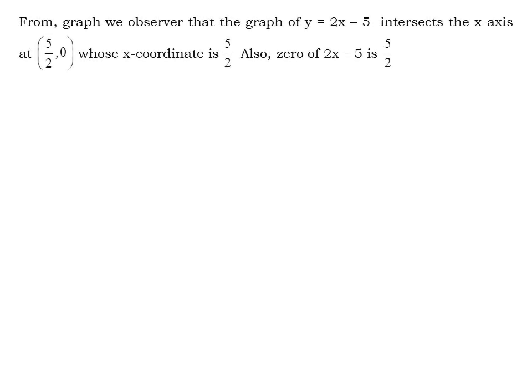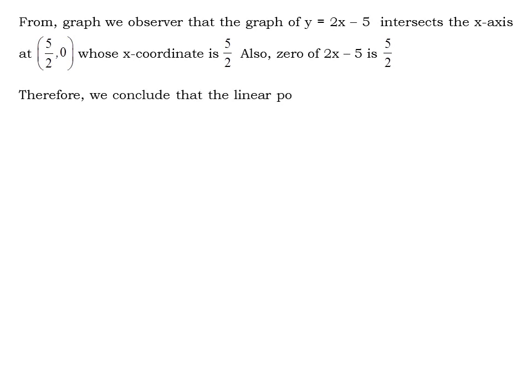So we can see from the graph that y equals 2x minus 5 intersects the x-axis at 5 by 2 comma 0, whose x coordinate is 5 by 2. So directly we can say that the zero of 2x minus 5 is 5 by 2. As simple as that.